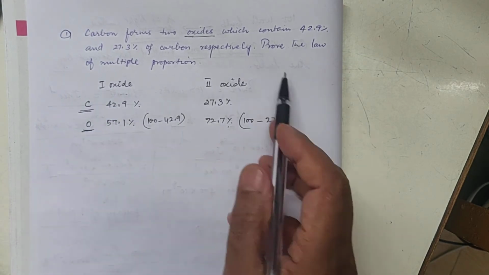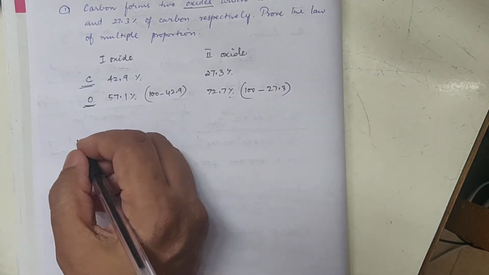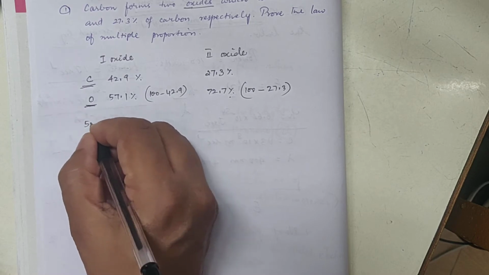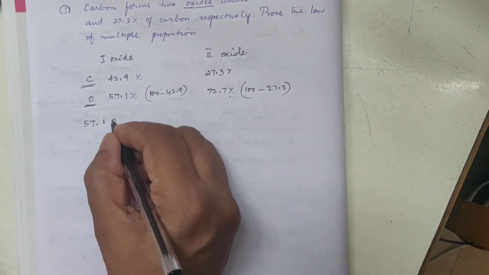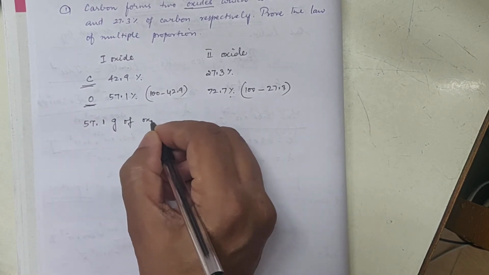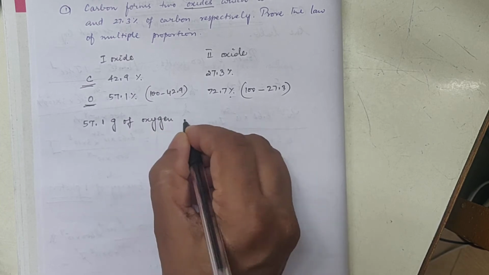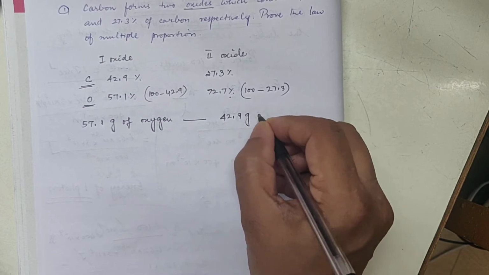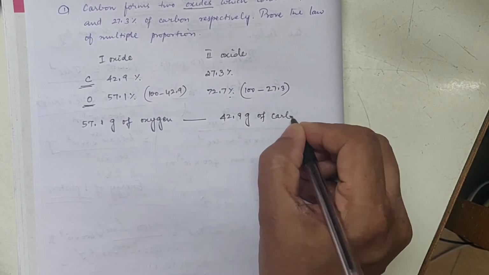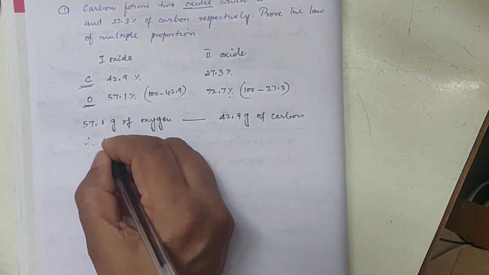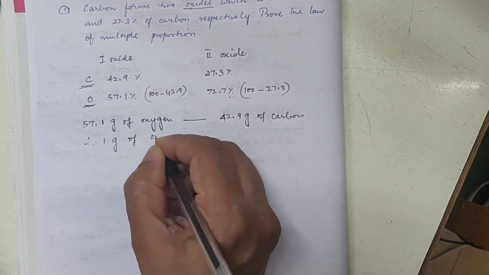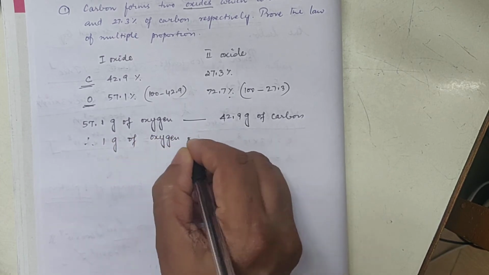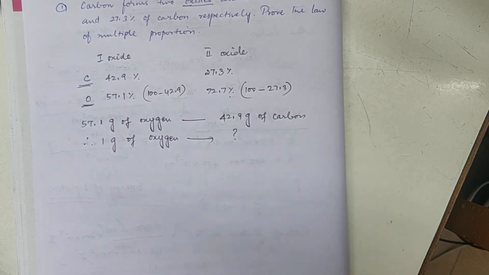Okay, now from the data, what we are going to do, we will see now 57.1 gram of oxygen is combining with 42.9 gram of carbon. Therefore 1 gram of oxygen will combine with how much of carbon?